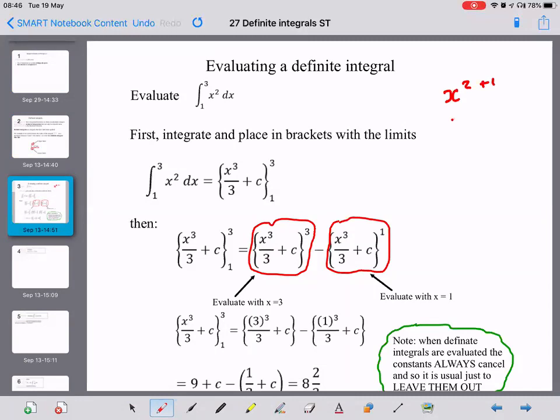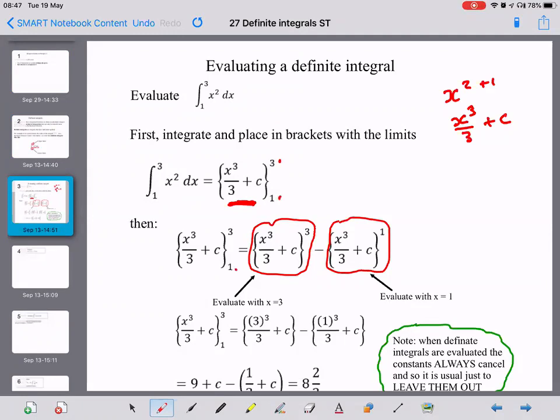So we end up with x cubed over 3 plus c. What we've done is put that in some brackets. The shape of the brackets is not significant. I just try and use some different styles. Square ones are most common. And then at the top we put the upper limit, and at the bottom, the lower limit.